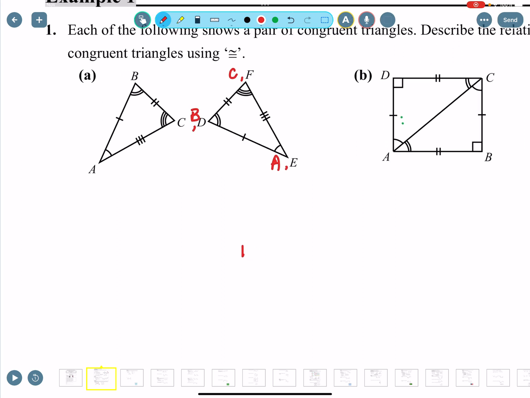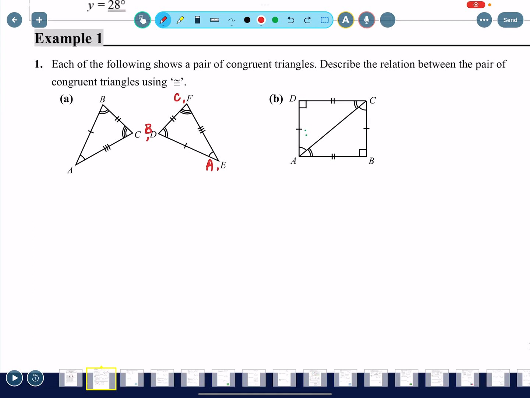Okay, so how are we going to write this? Describe the relation between the pair using that one.